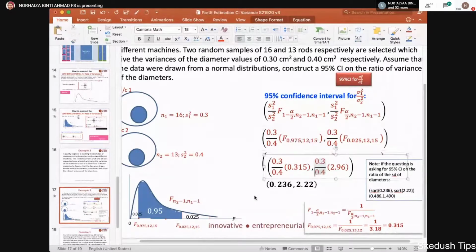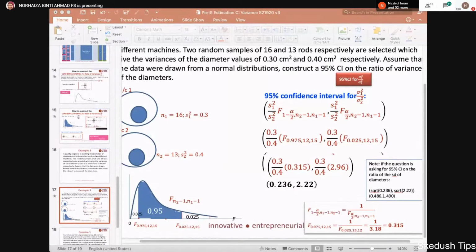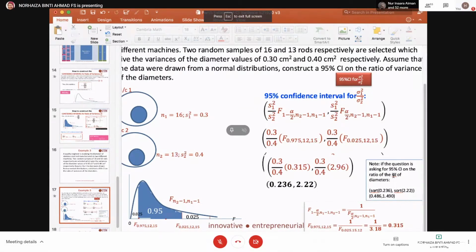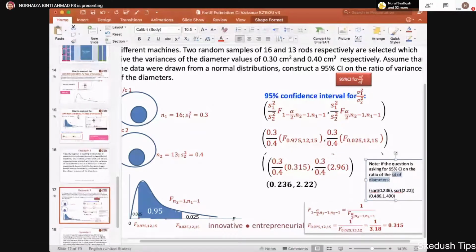So in the end you will have 0.236 and 2.22 as your limits. Note, if your question asks for the ratio of standard deviations of the diameters, you just take the square root of 0.236 and 2.22 to get 0.486 and 1.49.